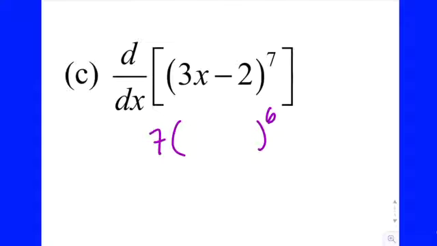Now, if you pay attention to how I do this every time, I don't really write down the blob at first. I just do 7 parentheses to the 6, and then I come back and write the blob. It's just how I do it. You'll see later on that if you start to write it from left to right, that exponent of 6, you can tend to leave it off, believe it or not.